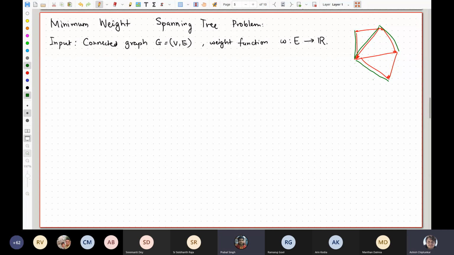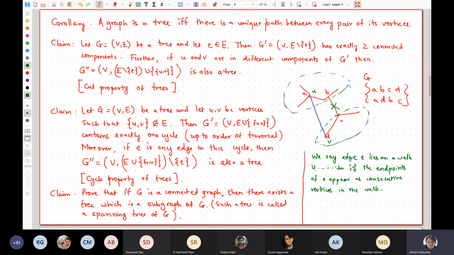Yeah, Somil? We require that the subgraph should have all the vertices of the original graph, right? Yes, you're right. Let me mention that.